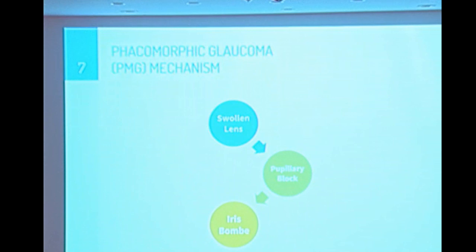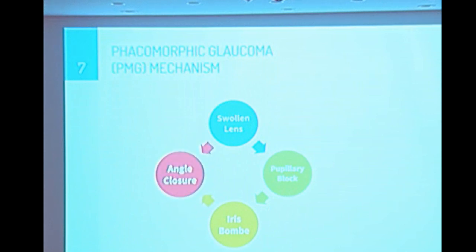The lens gets swollen. The swollen lens leads to pupillary block, and then iris bombé. So we are talking about a pupillary block mechanism of lens-induced secondary angle closure glaucoma due to the size of the lens.